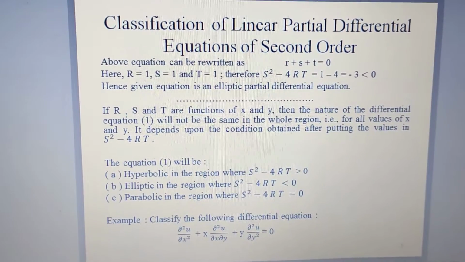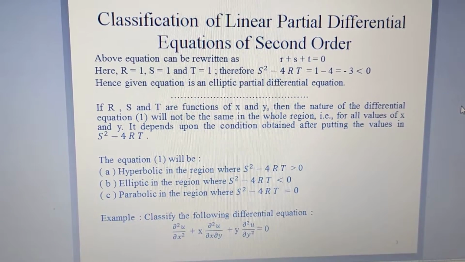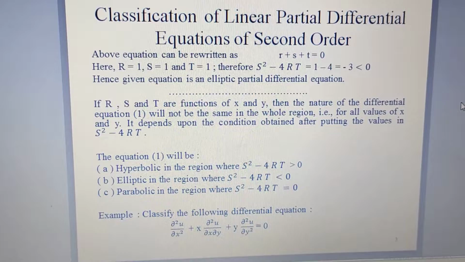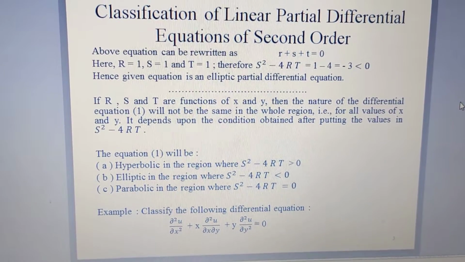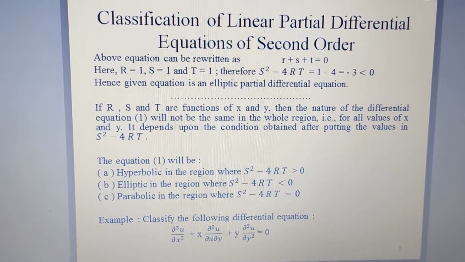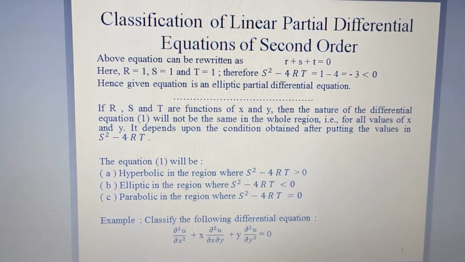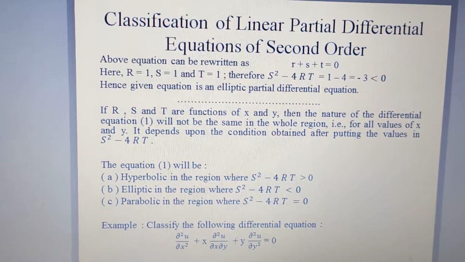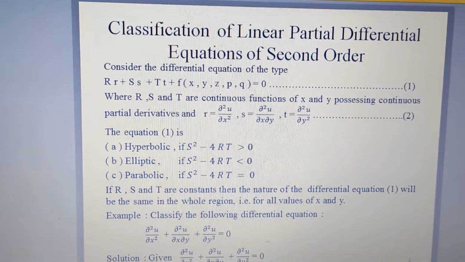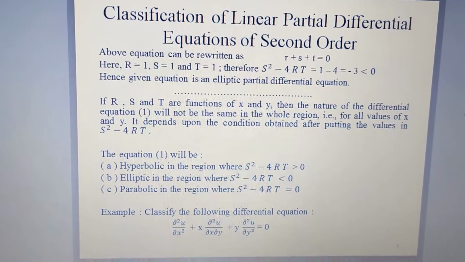If we compare this with the standard form, we have capital R is 1, capital S is 1, capital T is 1. Therefore, s² - 4rt becomes -3, which is negative. So we can say the given differential equation is an elliptic partial differential equation, because s² - 4rt less than 0 means an elliptic equation.